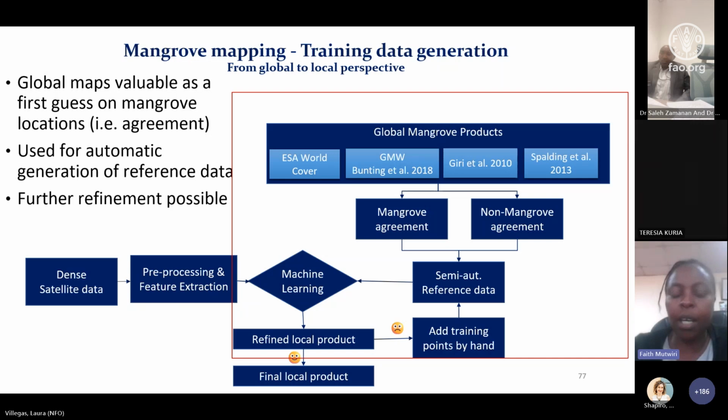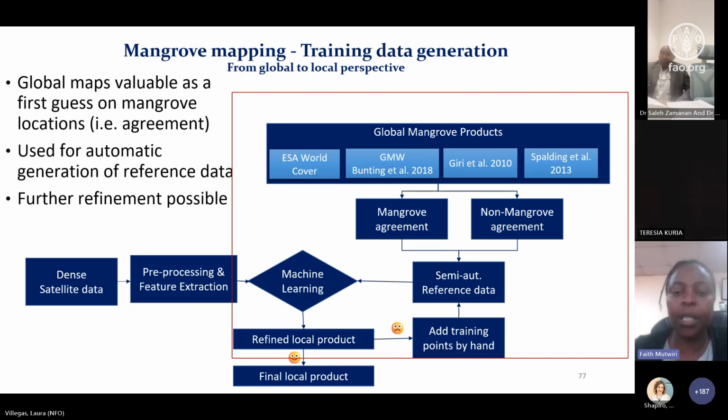Next, we look at the areas that have some disagreements, maybe where one global data set says no and another one says yes. We add training points by hand, which means manually saying, let's add training points here for interpretation, and all this interpretation is done online.